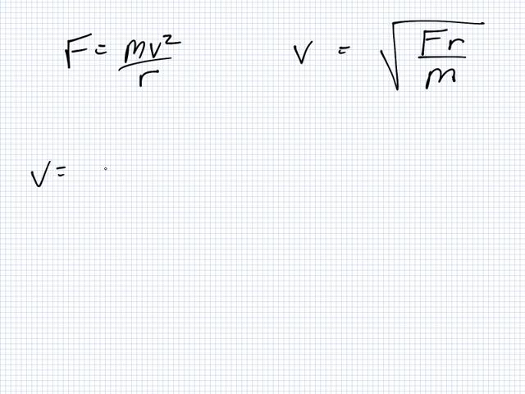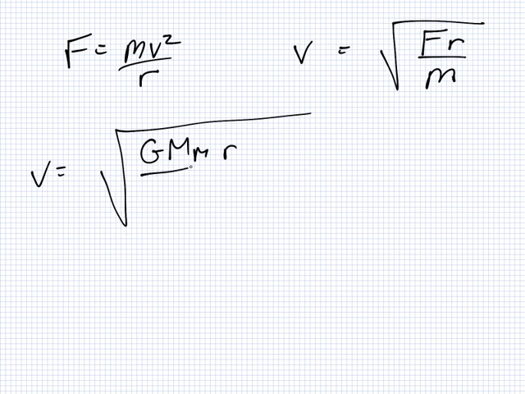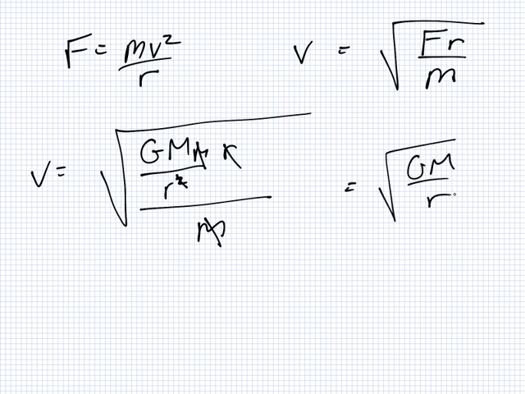But we know the formula for F. It's G M m over r squared. Well, that's nice because that will cancel with that, and that will cancel with that, leaving me with just GM over r, which we know.